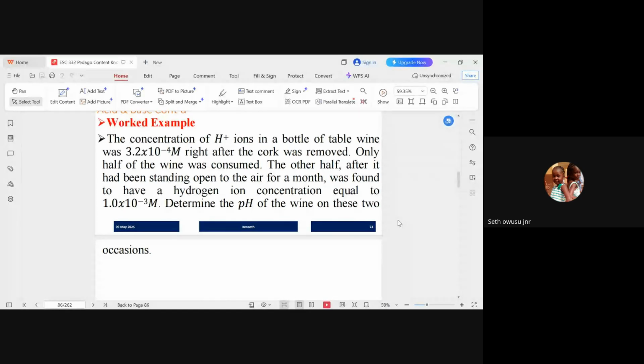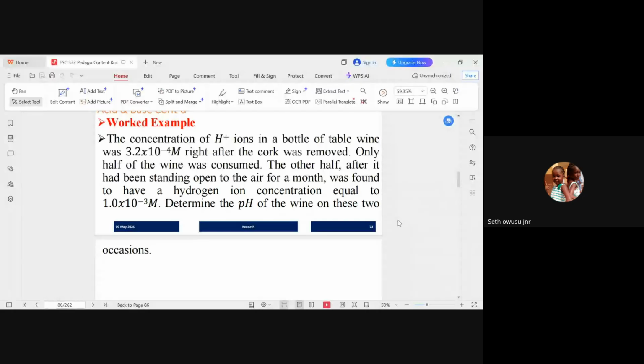So I quoted the formula for finding the pH, which is pH is equal to the negative log of the concentration of the hydrogen ions. In the first instance, the concentration given was 3.2 times 10 to the power negative 4.